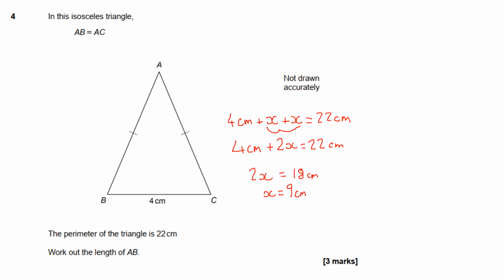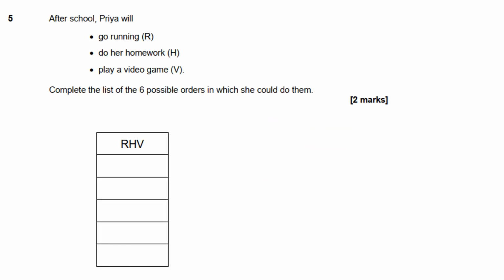So we called it X, but it's actually called AB in the question. So we see here, AB, work out the length. Well, the length is 9, so let's just write that in. 9 centimeters, and because we know these two are the same, it doesn't ask this, but we know that that must be 9 centimeters as well. And then if we revert back, 9 plus 9 is 18 plus 4 is 22. So that's that one.